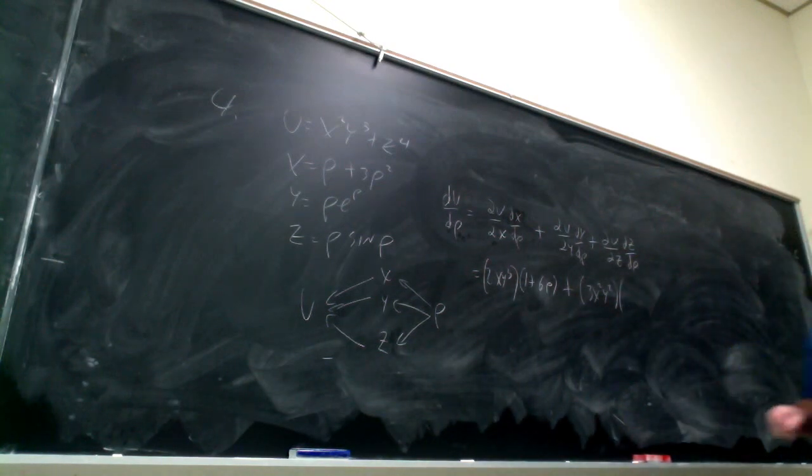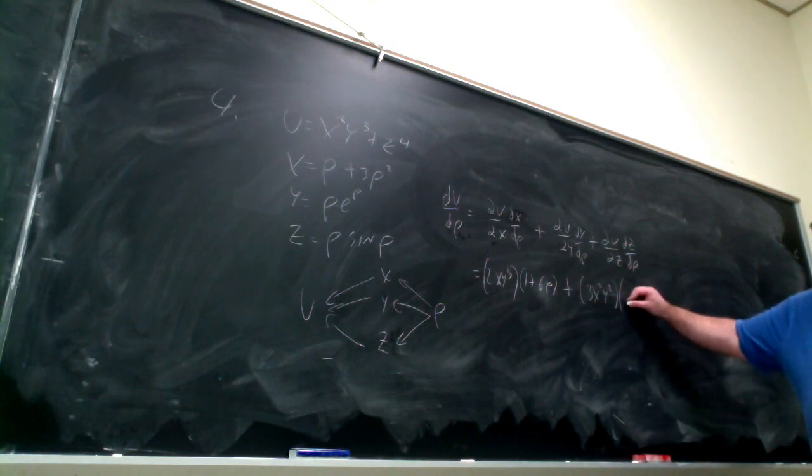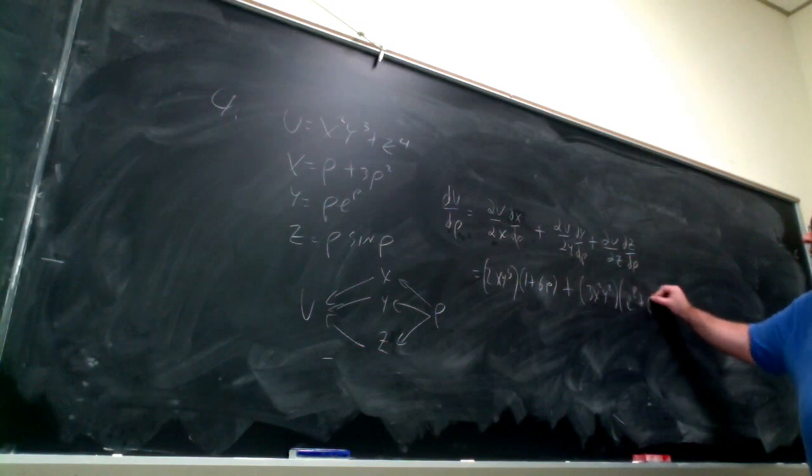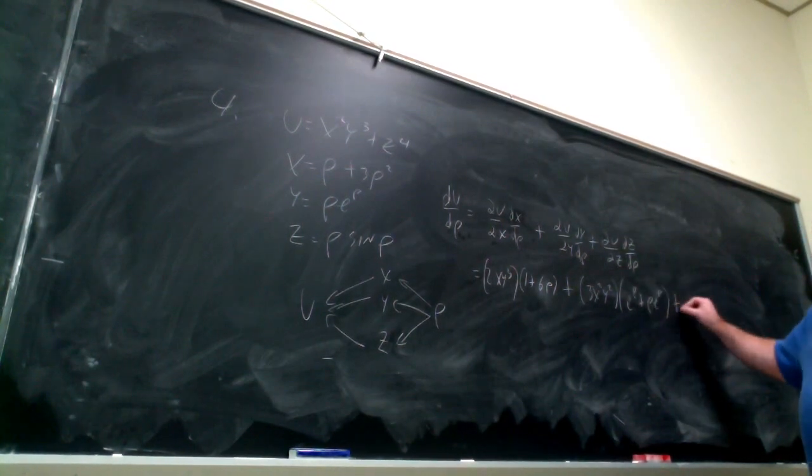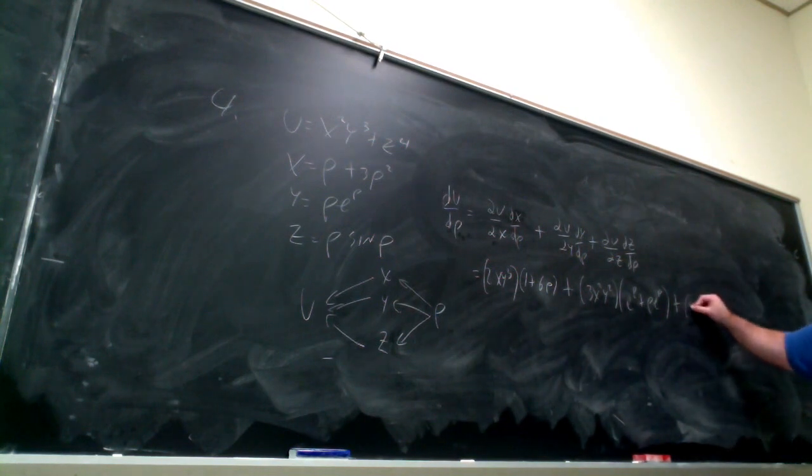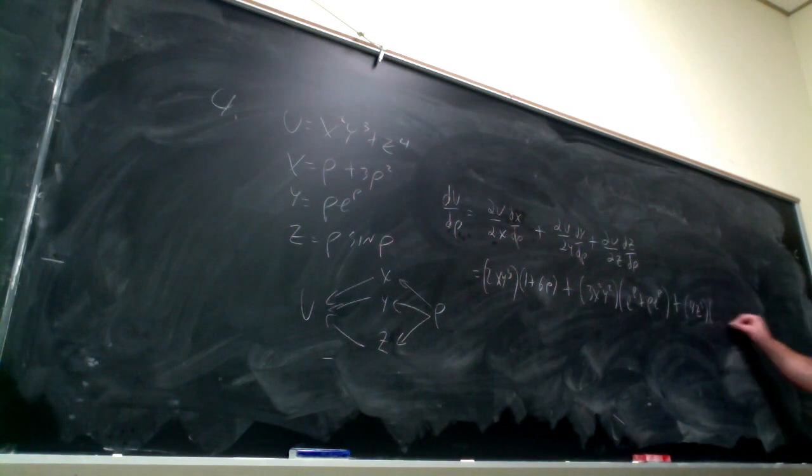Yeah, so what would it give you? e to the p plus p e to the p. All right, and then finally du dz, which is just 4z cubed, times, and then I unfortunately got to use product rule again on dz dp. Yeah, so maybe a little bit inhumane for a real test problem, but that's why it's on the practice test. So, okay, you're going to get p cosine p plus sine p.